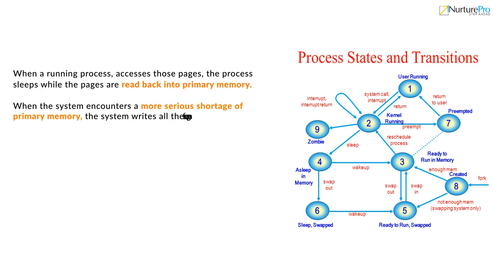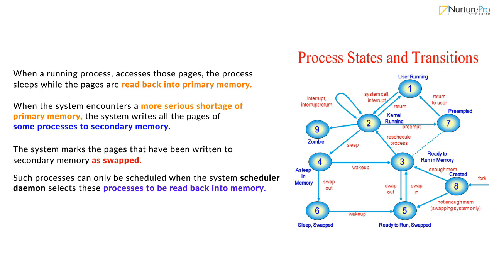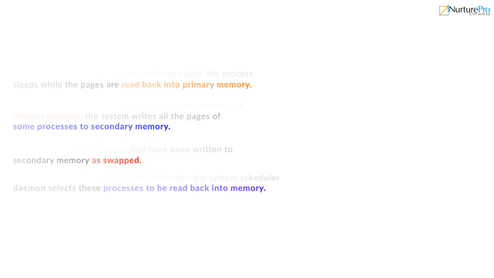When the system encounters a more serious shortage of primary memory, the system writes all the pages of some processes to secondary memory. The system marks the pages that have been written to secondary memory as swapped. Such processes can only be scheduled when the system scheduler daemon selects the processes to be read back into memory.